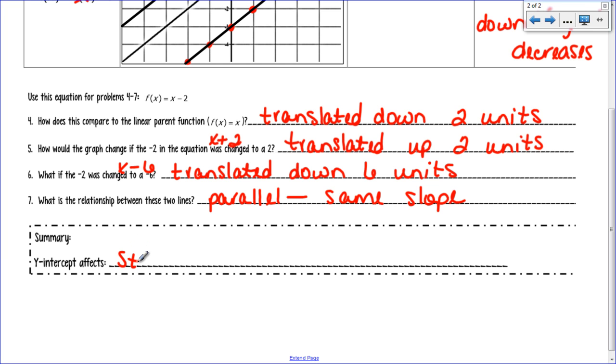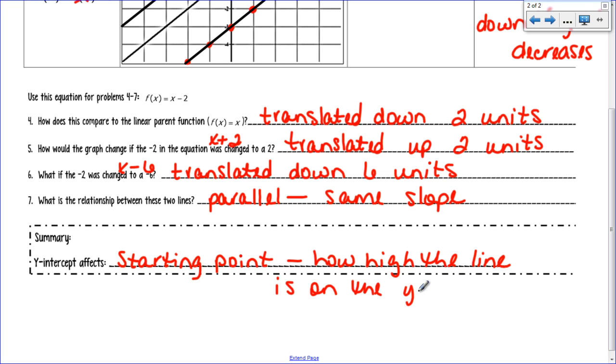So to change the y-intercept just takes my graph and shifts it up if I'm increasing it or down if I'm decreasing it, and that's all that happens when we change the y-intercept.